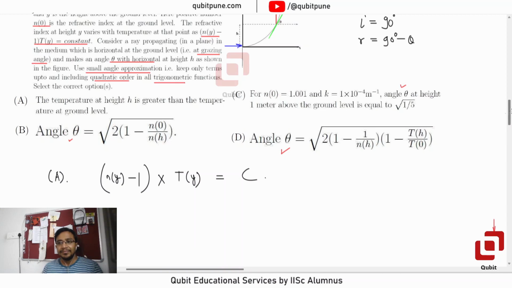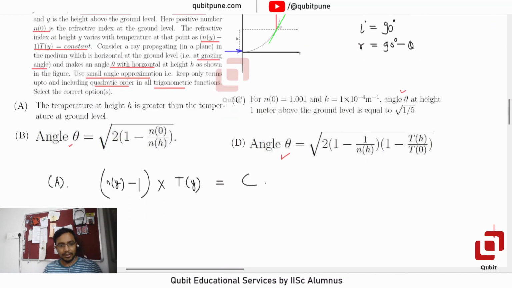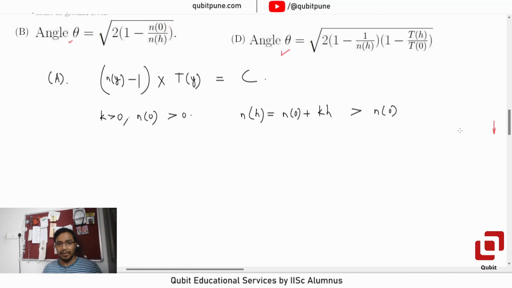Now look, because k is positive, and obviously n0 will also be positive, we can say that nh, the refractive index at height h, which is given by n0 plus kh, will definitely be greater than n0. So we have got the inequality nh greater than n0.